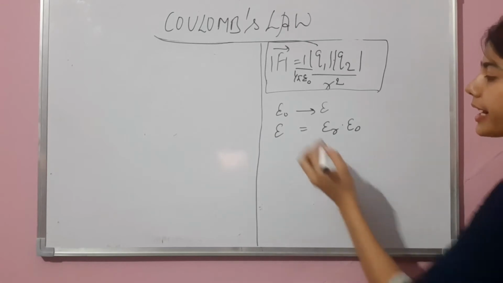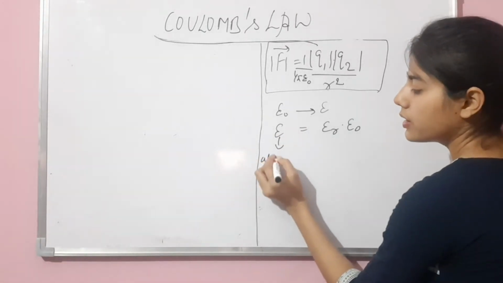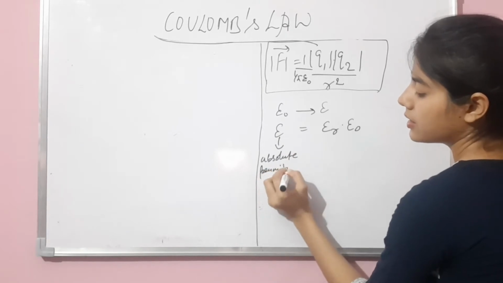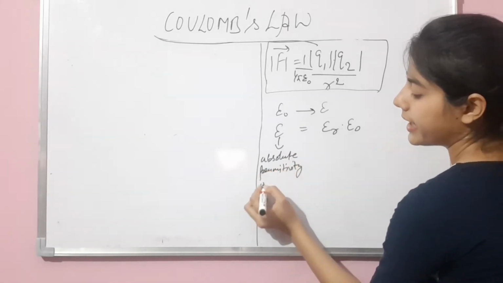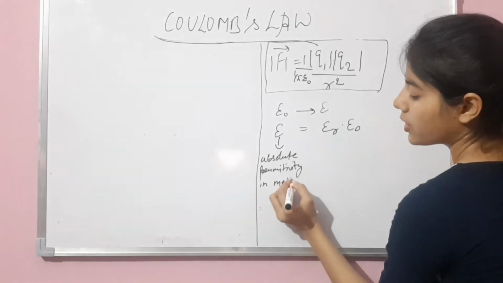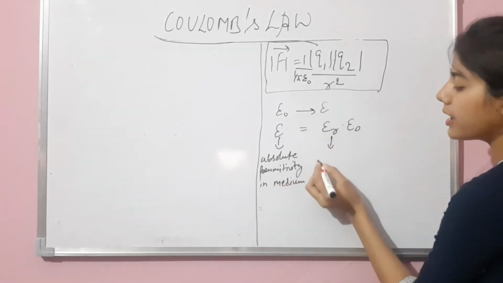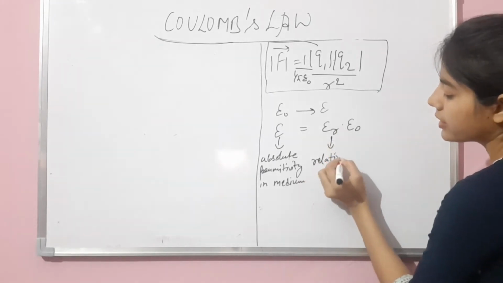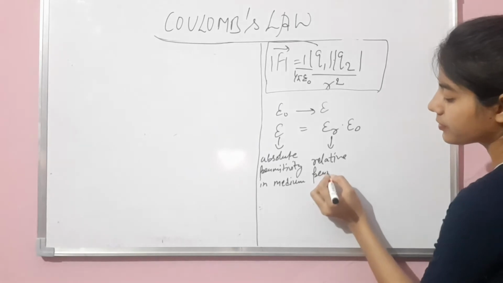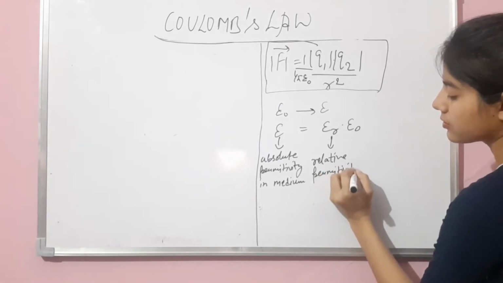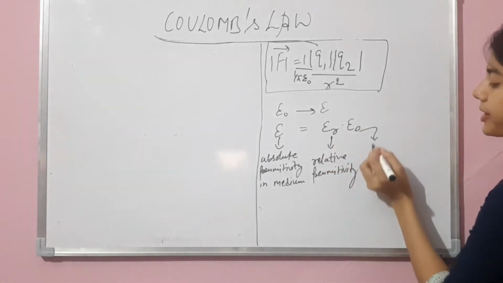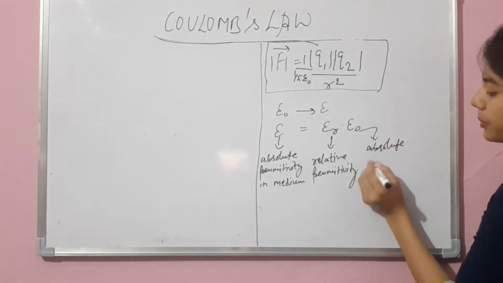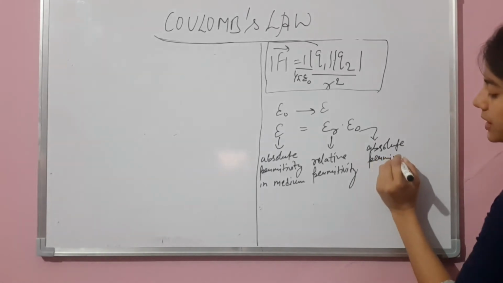Here epsilon is the absolute permittivity in that medium, and epsilon r is the relative permittivity, r for relative. And epsilon naught, we already know, is the absolute permittivity in free space.